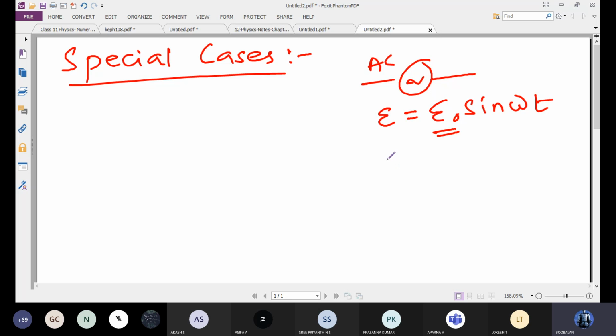Listen now. E naught is the maximum peak, yes, the maximum peak of voltage. That is the voltage amplitude. I naught is the current amplitude.